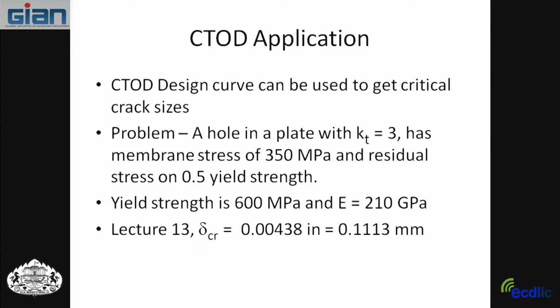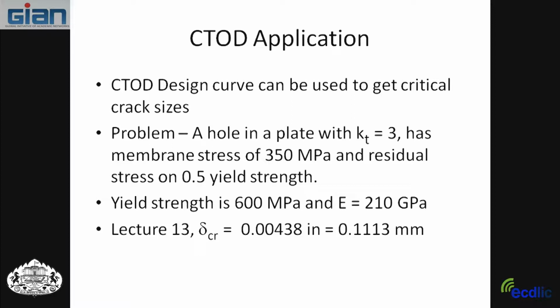And then yesterday we did critical CTOD from that CTOD test and got this in inches, but I'm doing this in SI, so I converted that to millimeters. 0.1 millimeters of critical CTOD is pretty big.